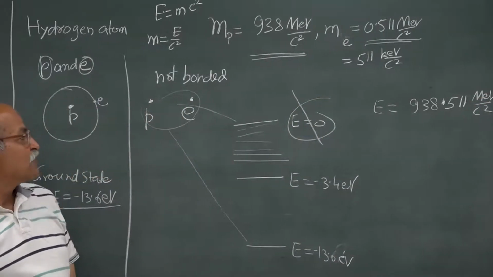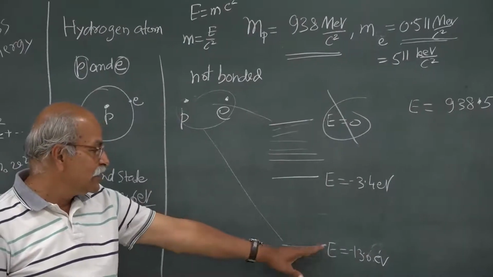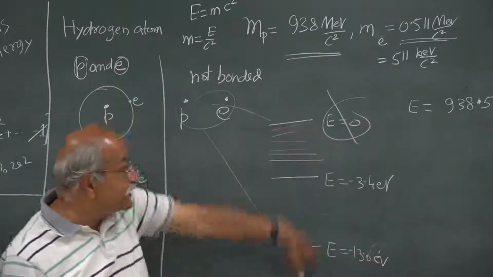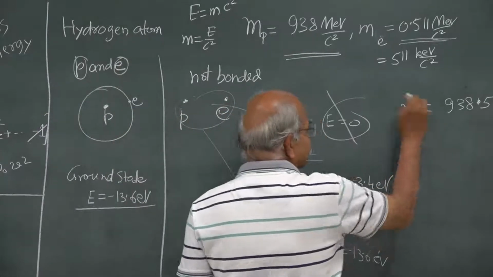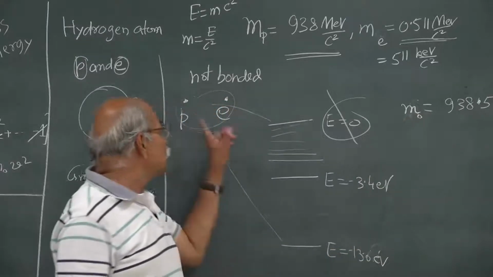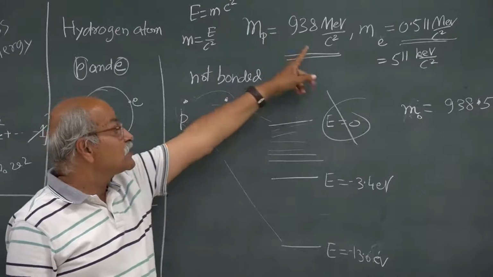The sum of rest mass energies of proton and electron, then the bound energy will be 13.6 eV less than this. This I am writing as mass, M naught, rest mass. The proton is at rest, the electron is at rest, this is all rest mass.